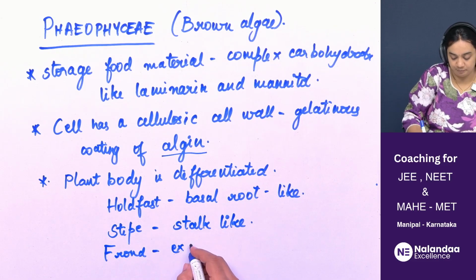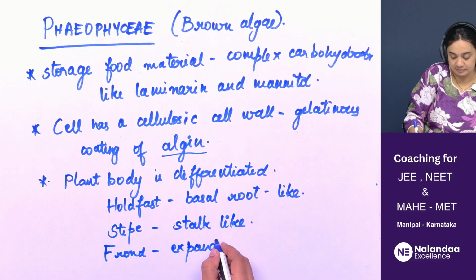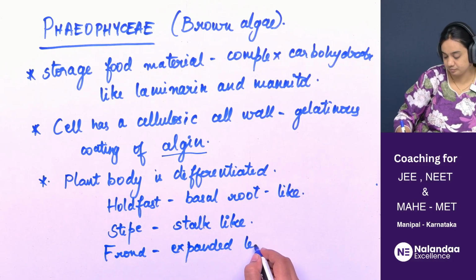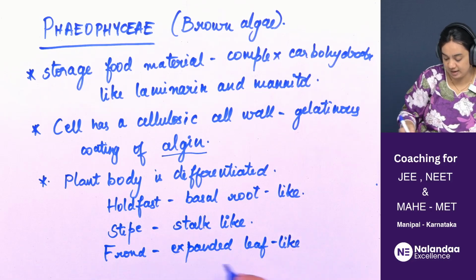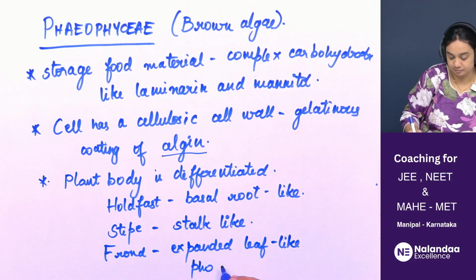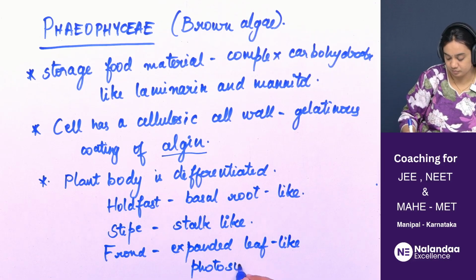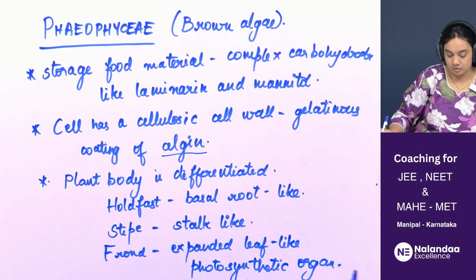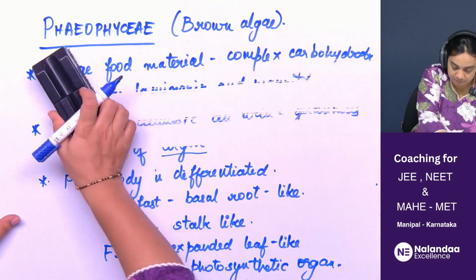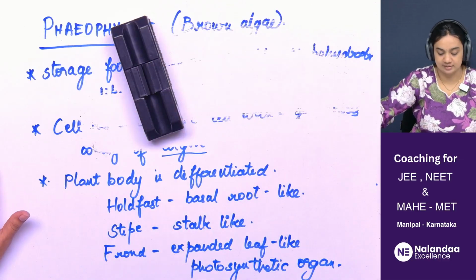This is the expanded leaf like photosynthetic organ. Okay, so listen, the plant body is differentiated like this.